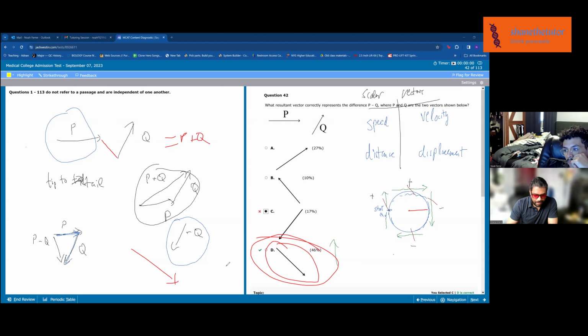So P and then minus Q, and then you just connect this to this to get the resultant vector. Got it. Okay.